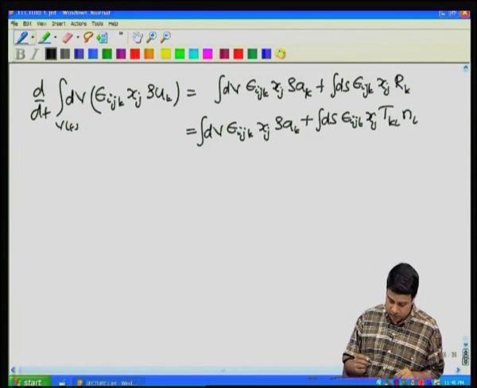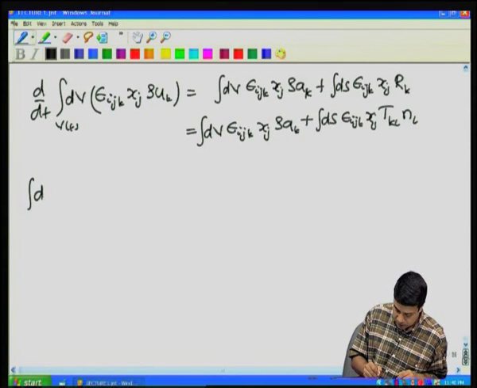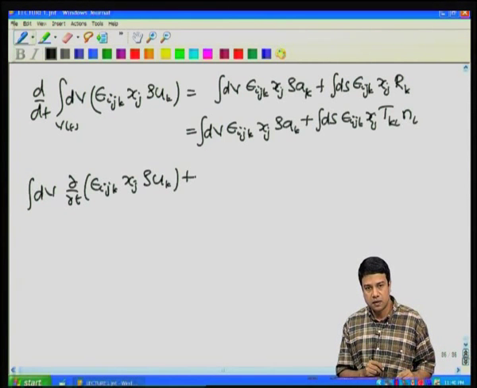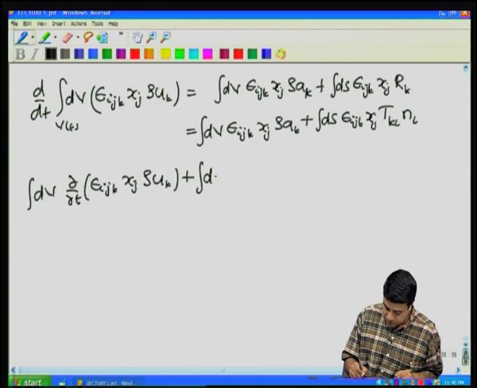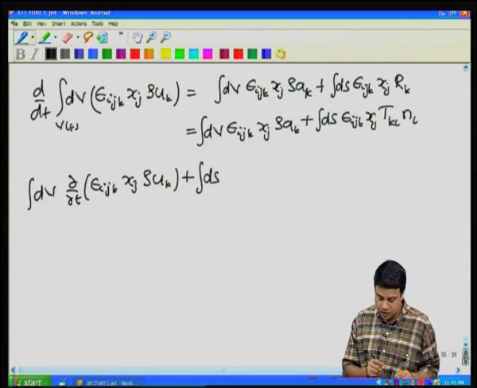I know how to simplify this quite easily using the Leibniz rule: d/dt of the integral over the volume dV of epsilon_ijk x_j rho u_k, plus the integral over the surface of u dot n times this whole thing.